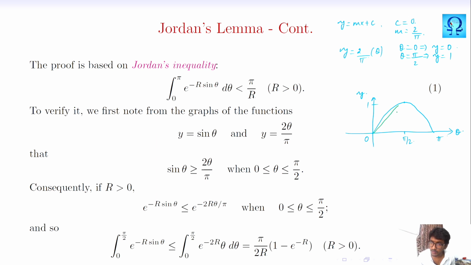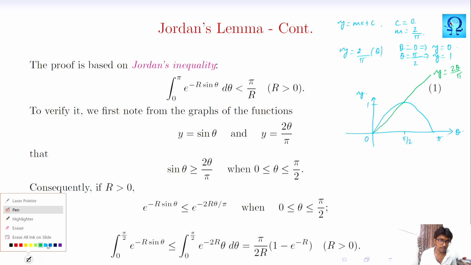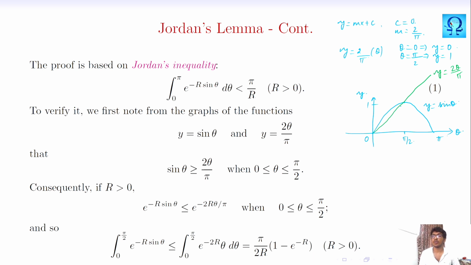You guys can very well notice that this is going to be a straight line of this form. So this is y equals 2 theta upon pi, and the one that I have drawn in blue color is y equals sine theta. Now this is the point that actually splits this region.